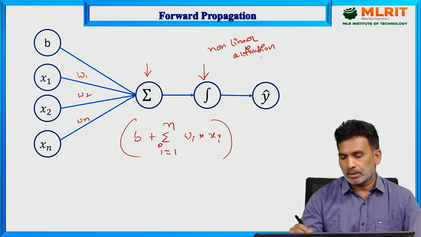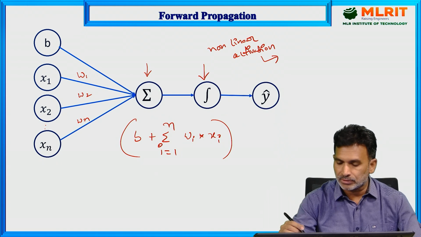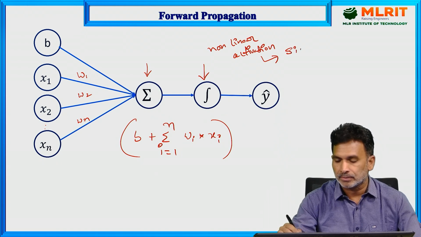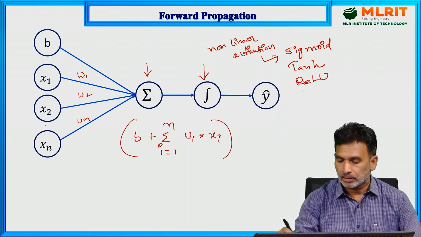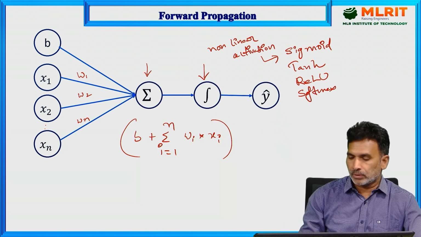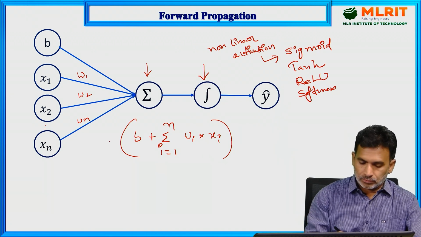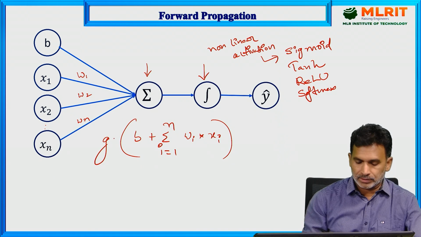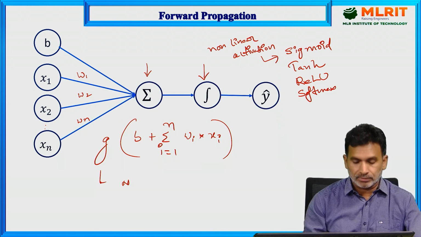There are popular activation functions like sigmoid, tanh hyperbolic function, ReLU, and softmax. So these are the four popular nonlinear activation functions. So this would be passed to a nonlinear activation function, and here this g is a nonlinear activation function.